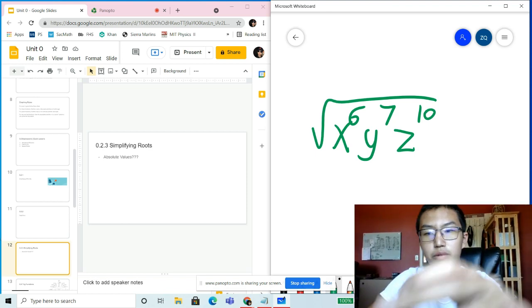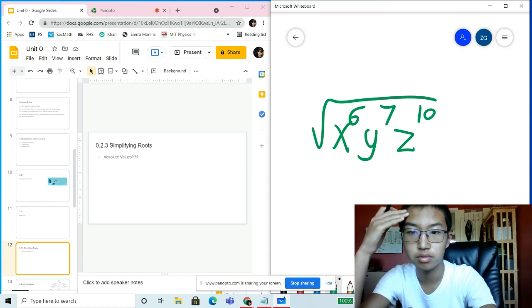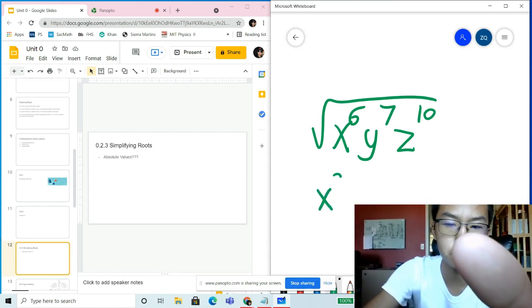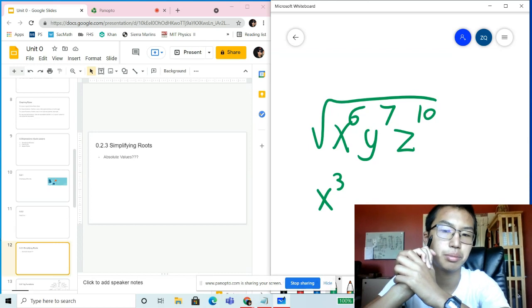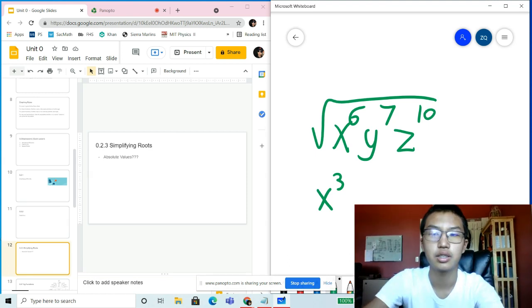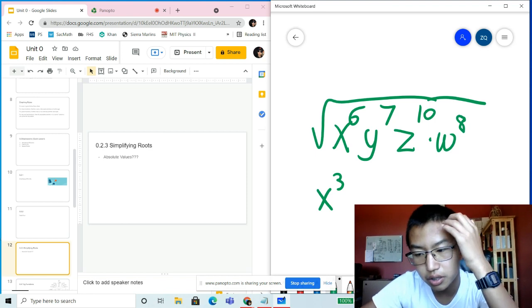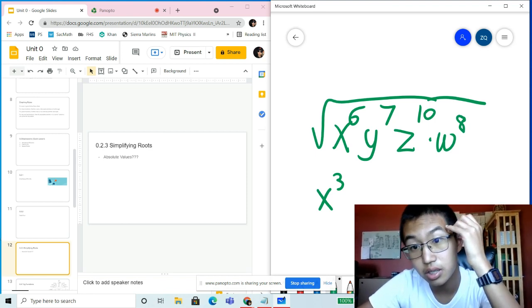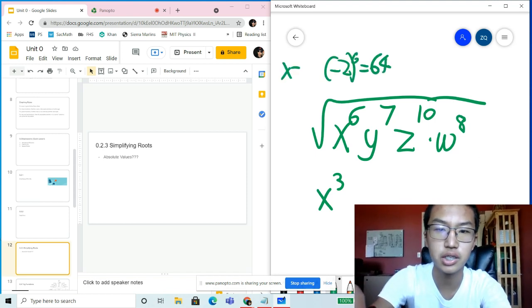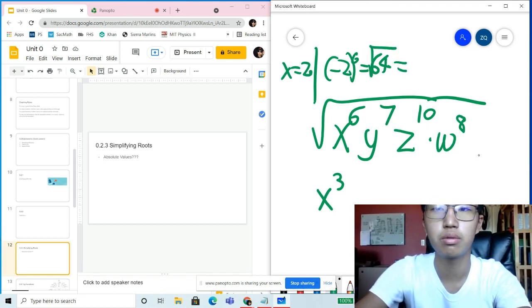So x to the 6th. The square root of x to the 6th is x cubed. But does that need to be protected, or does it not? Here's the thing. x can be negative, but -2 to the 6th is 64, and the square root of 64 would be 8.